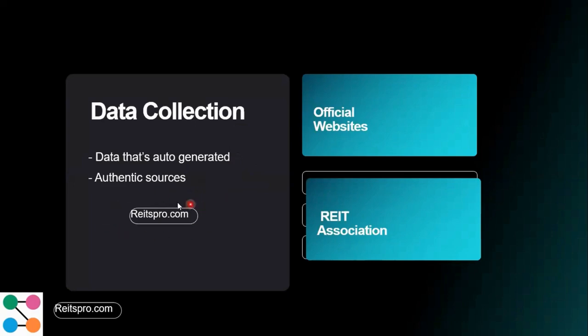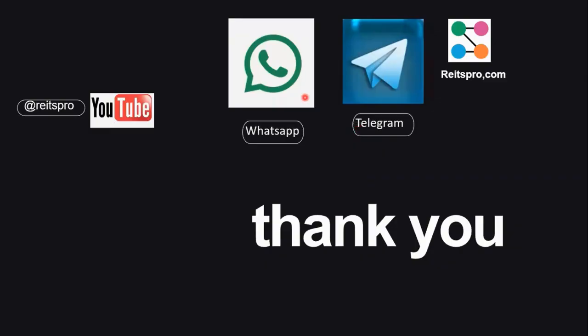Obviously, I will ask you to go to reitspro.com and see the links there which we provided. Most of the links are derived from the official websites. And there is also a REIT association which has its website where you can find out a lot about what the data on REITs is, and those are far more genuine than going for third-party data collection software and going wrong there.